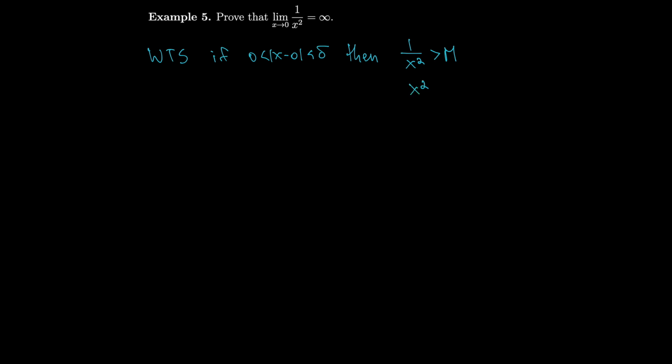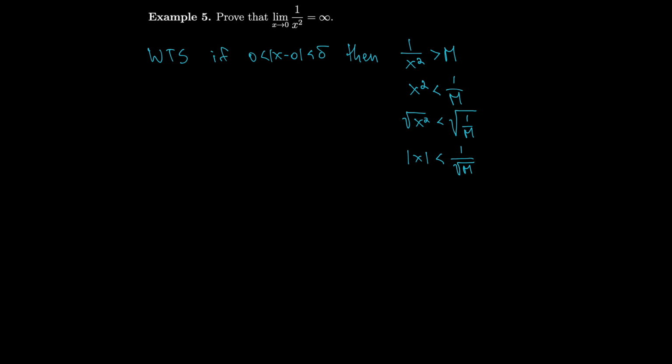I'm flipping the left and right sides, which means I flip my inequality. And I can take the square root of both sides. Square root of x squared is just absolute value, exactly what we wanted. Square root of 1 is 1, and then square root of M is whatever square root of M is. Depends on the number M.